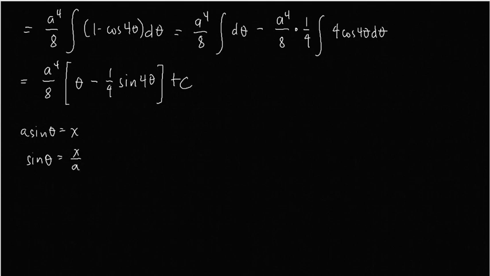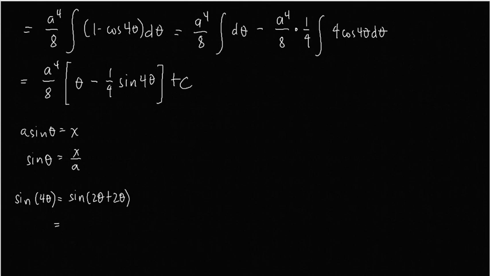So since we have here sine of 4 theta, we need to think first of a trigonometric identity that will reduce this in terms of sine and cosine respectively. So sine of 4 theta is actually equal to sine of 2 theta plus 2 theta.